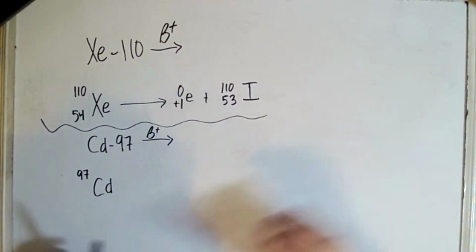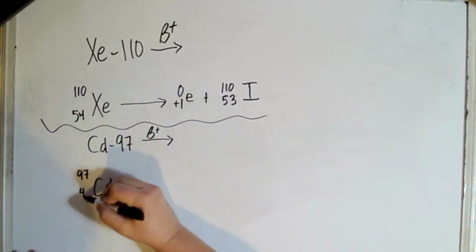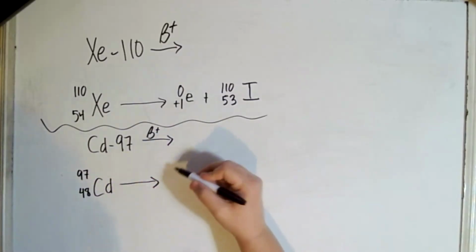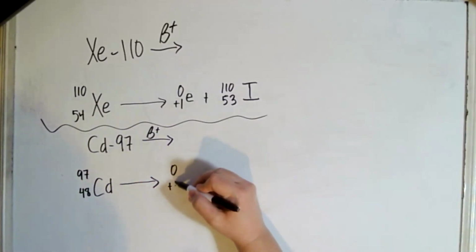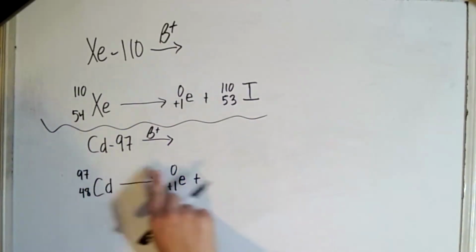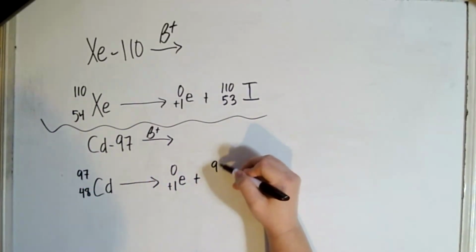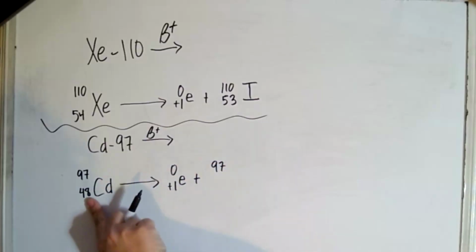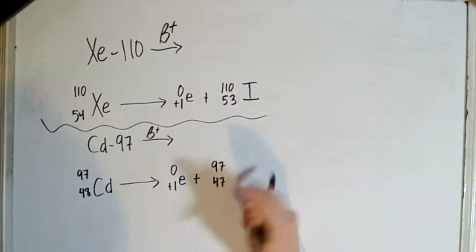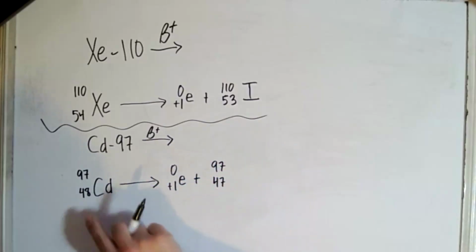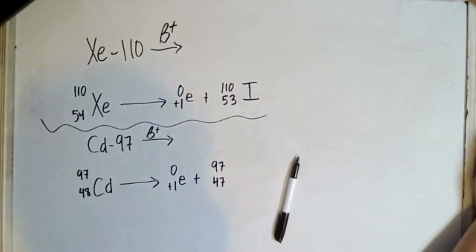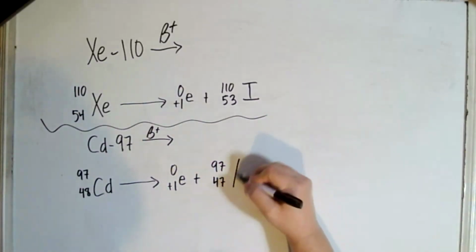Number 48 on your periodic table. Okay, and then we can write our positron particle. And then we're going to compare our mass numbers. This is going to stay 97. And our atomic number is going to decrease by 1 to 47. So that 47 plus 1 is 48. And number 47 on your periodic table is going to be silver.